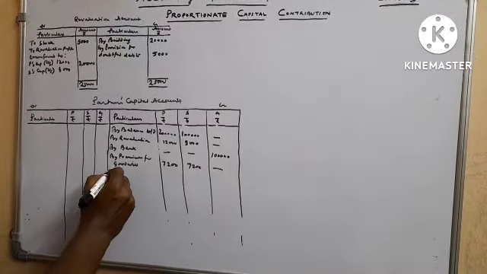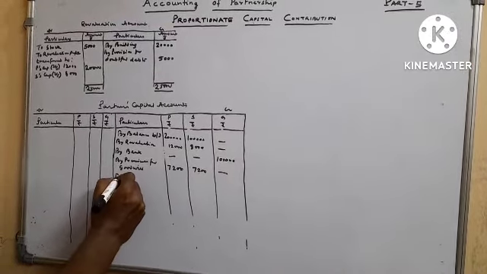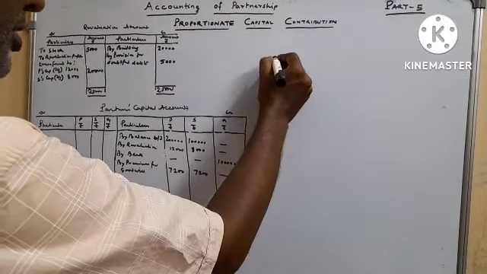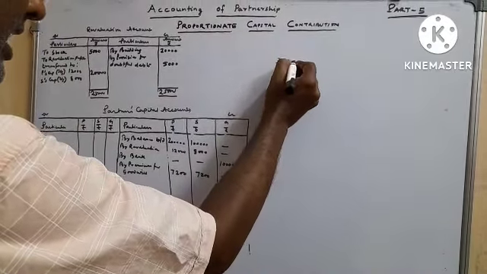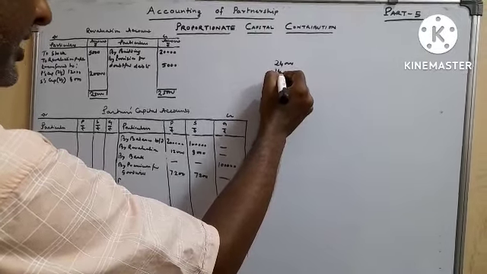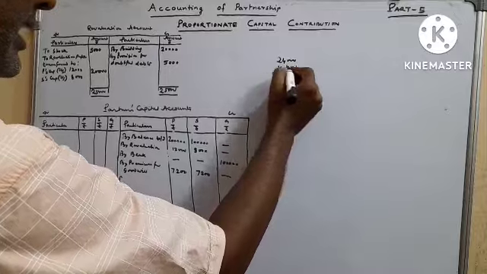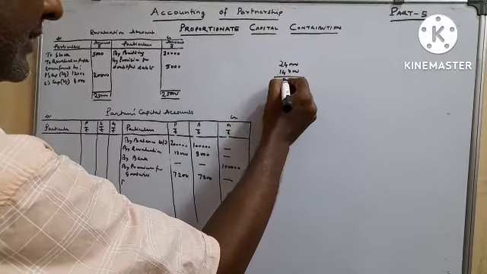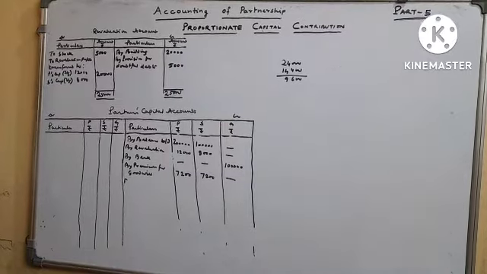New partner unable to pay how much? Unable to pay total amount 24,000. Share 14,400 able to pay, unable to pay 9,600.